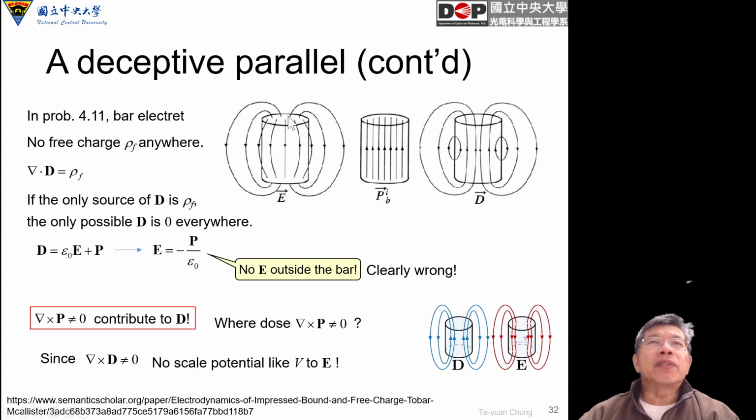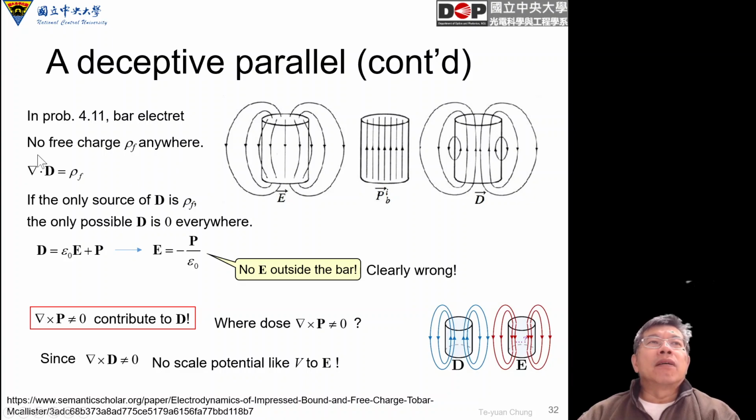So the surface charge accumulates on both sides. That becomes just like a magnet, but instead this is an electric field. So there is no free charge anywhere.